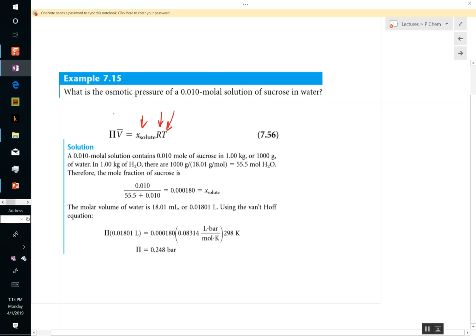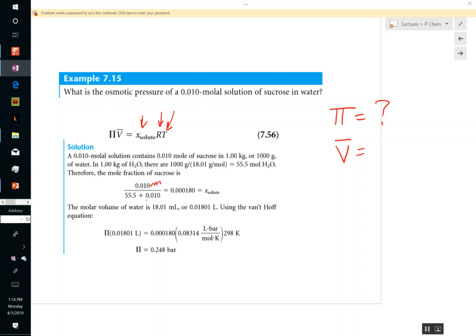We want to calculate this. Okay, here this is molality. And so to convert that into a mole fraction, this number here is almost negligible.